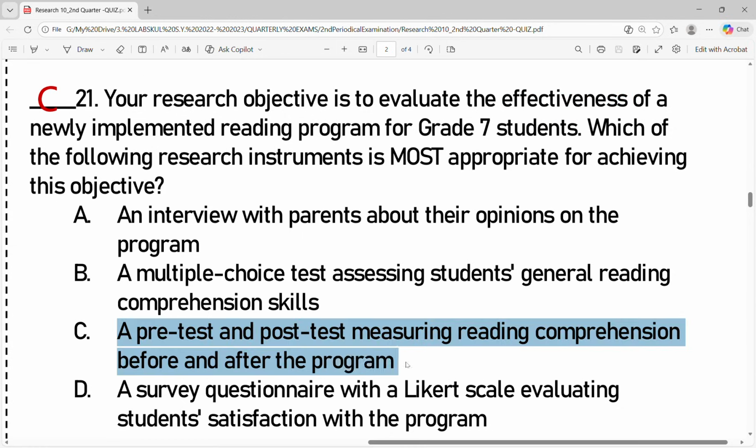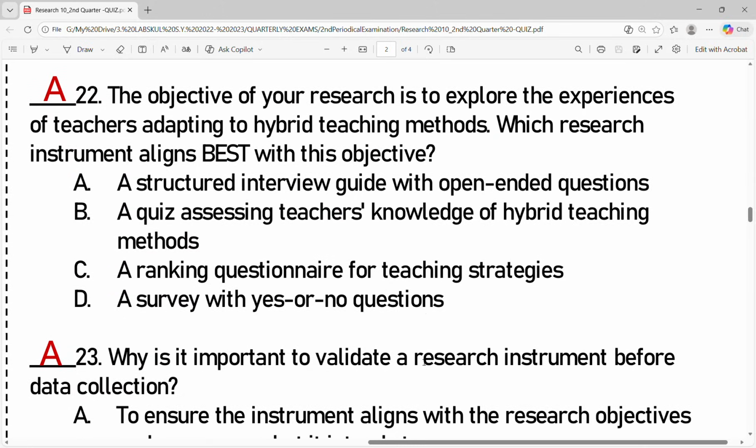So the correct answer here is letter C. So this is an example of an experimental research. Kay basta may ara kita intervention and we have experimental group and control group, then we have to have a pre-test and post-test to measure their reading comprehension before and after the program. So the answer in number 21 is letter C.